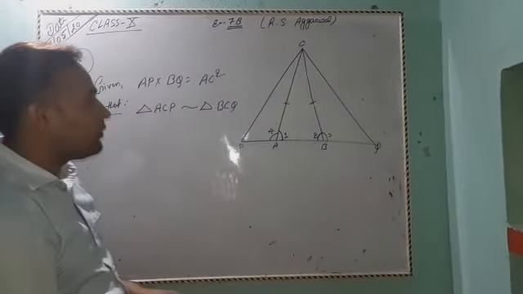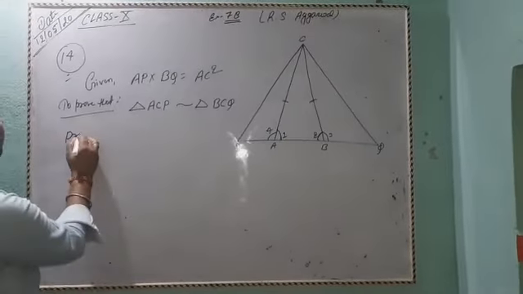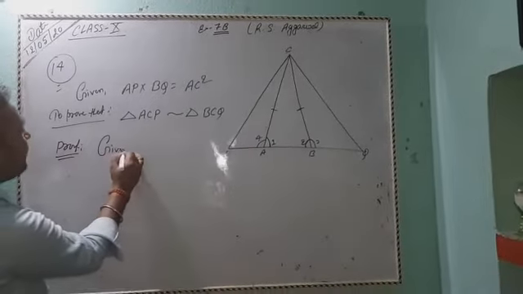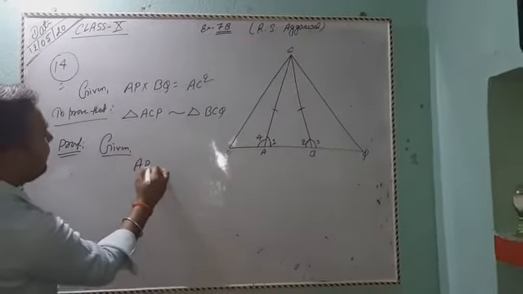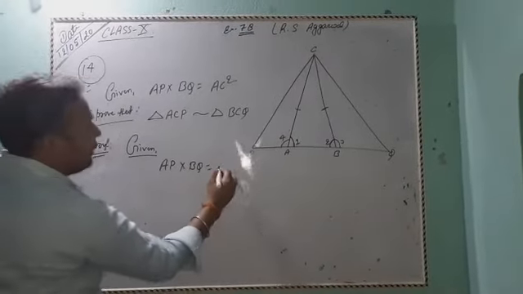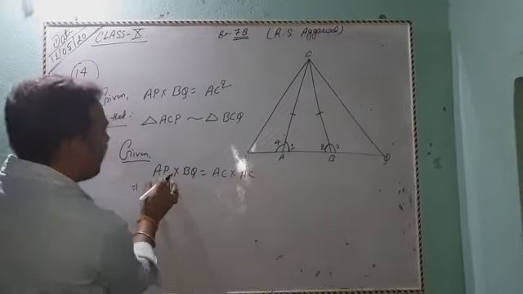Okay, so proof. Students, given AP multiply BQ equal to AC square, then we write AC multiply AC.